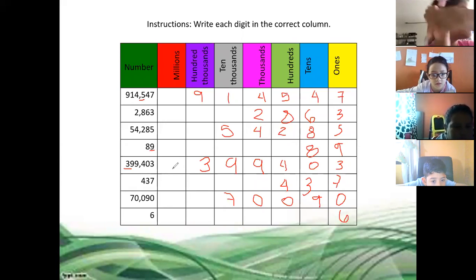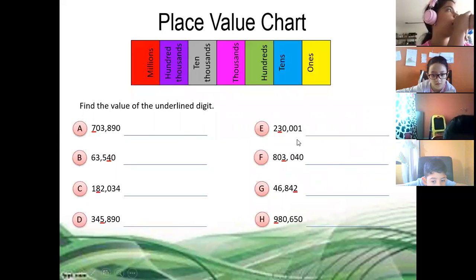Yes, that's the value of the number according to its position. What is the value of this number 4? 100. And this 4? 4,000. Exactly.